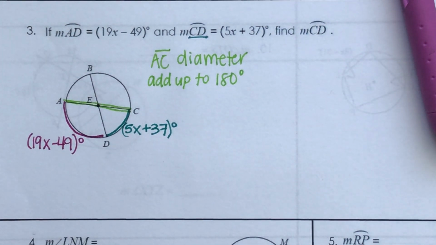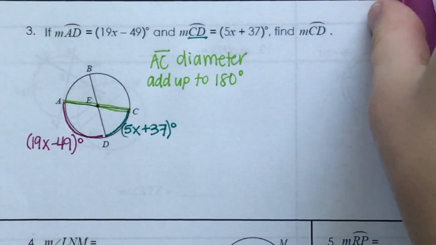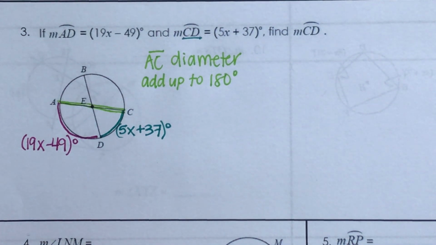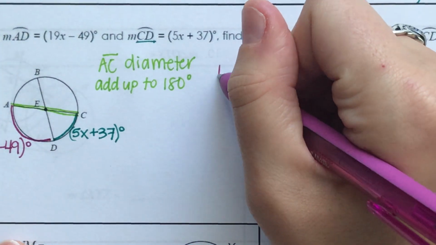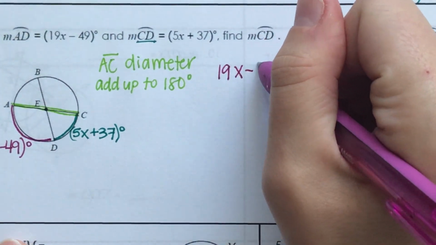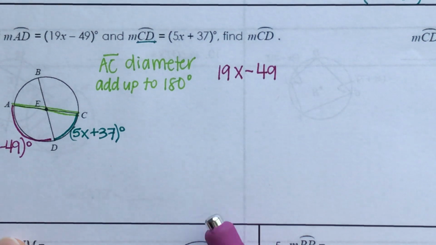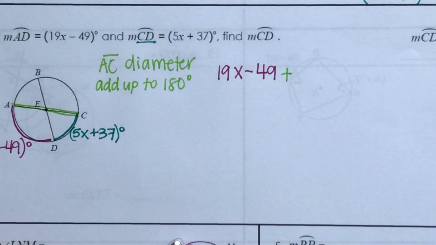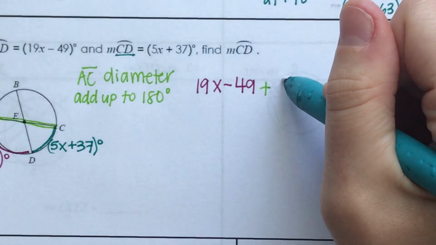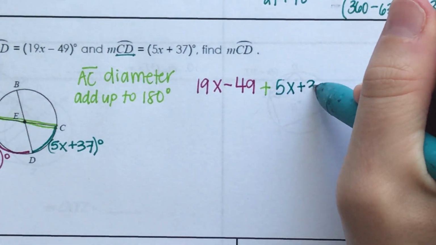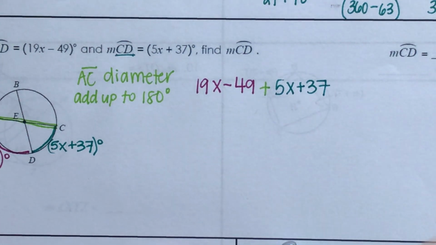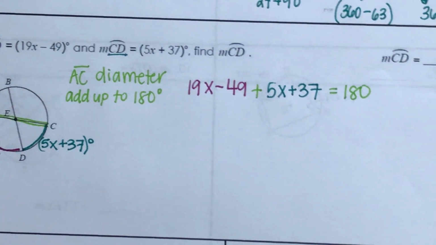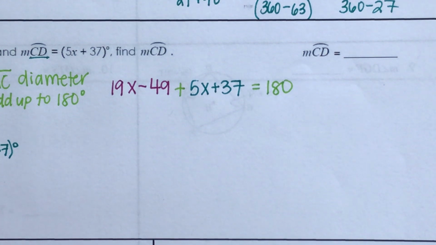So what I'm going to do is take this equation and this equation, add them together and set them equal to 180, and then I'm going to solve. So I'm going to do 19x minus 49 plus 5x plus 37 equals 180. And then it's just an algebra problem that I can solve pretty easily.